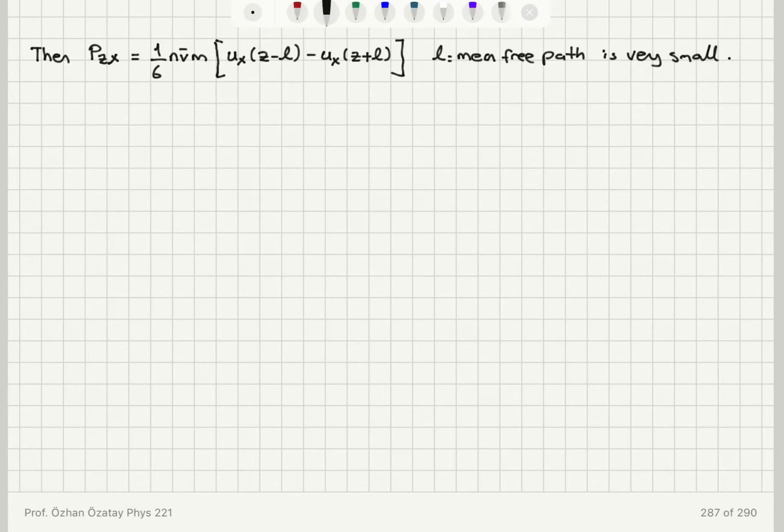So basically I can use Taylor's expansion for ux of z plus or minus L.